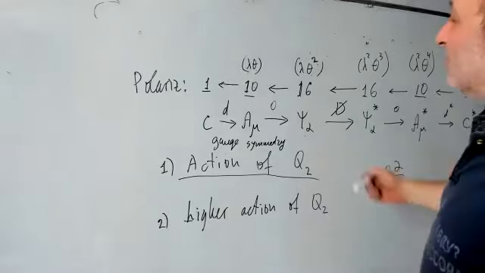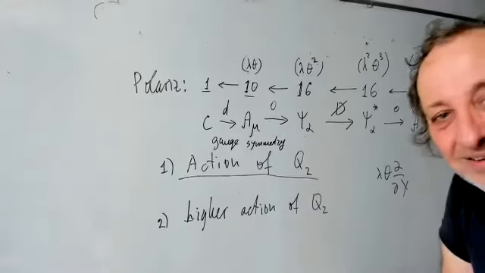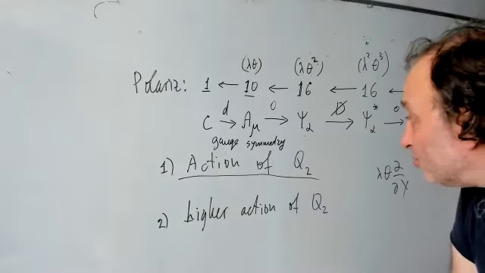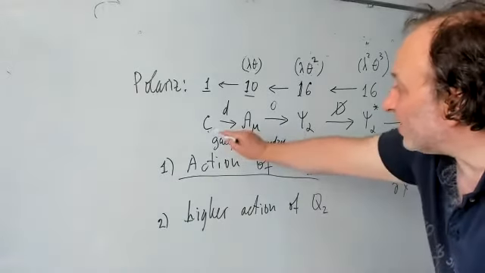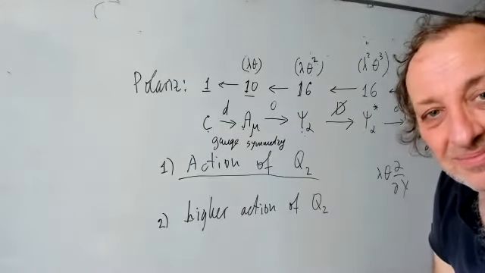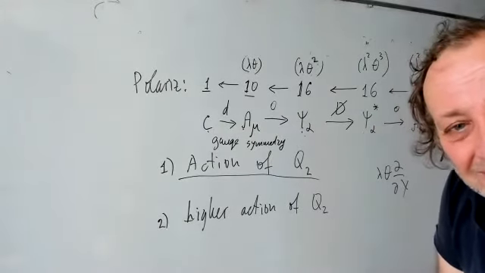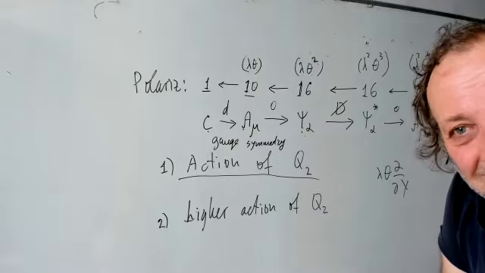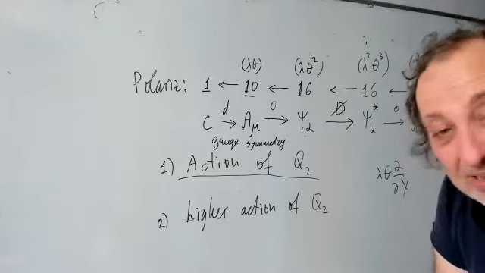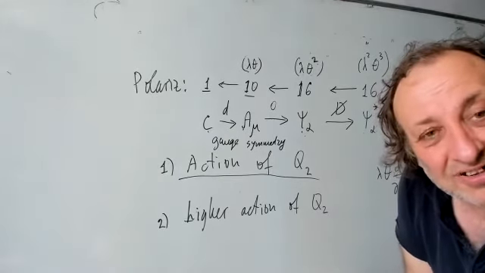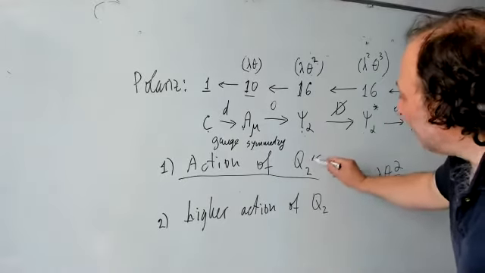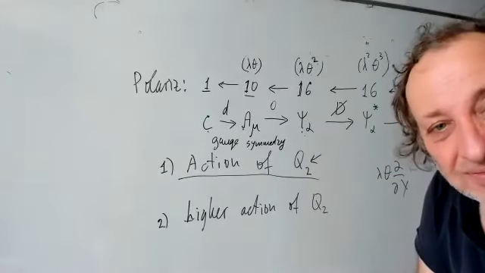So this looks almost like super Yang-Mills. But actually, it's not super Yang-Mills. Because here we have gauge symmetry, here we have Dirac operator, but we don't have Yang-Mills equation of motion. But if we think just a bit, we would see that we cannot get them from the action of Q2 itself.